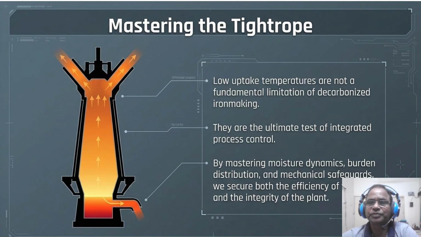So by mastering the moisture dynamics, burden distribution, and mechanical safeguards, we secure both the hearth efficiency and the plant integrity, and at the same time we also display our promptness, discipline, SOP concreteness in place. So the tightrope is thinner, but our tools are better. So let's get back to work.